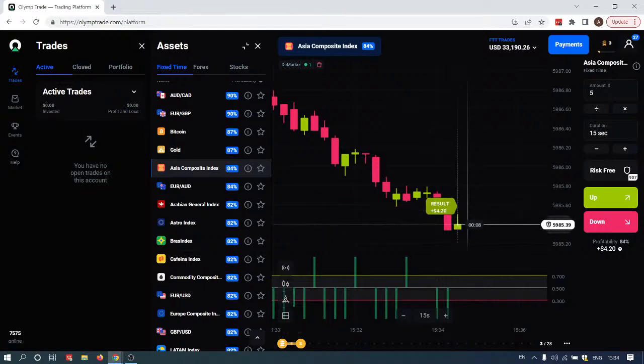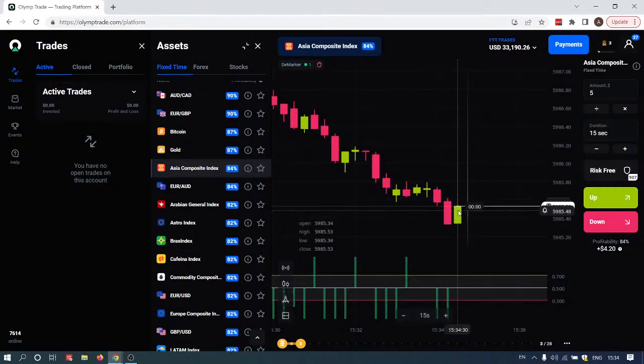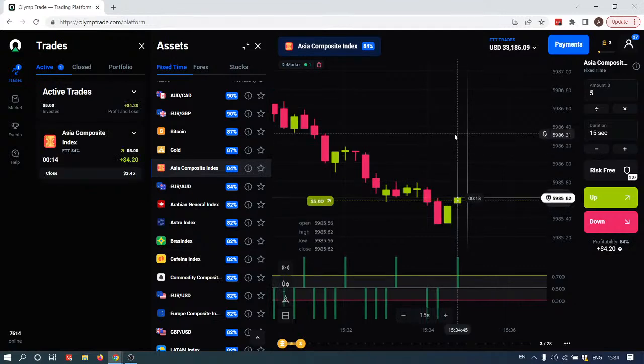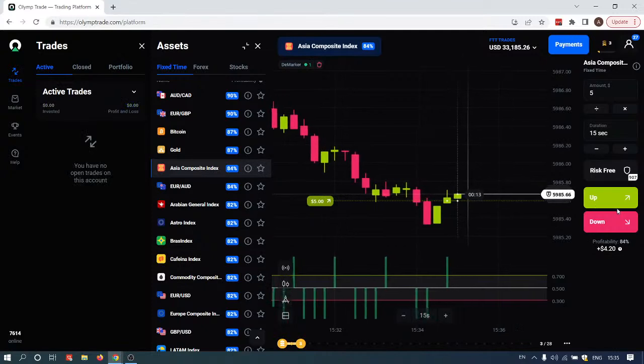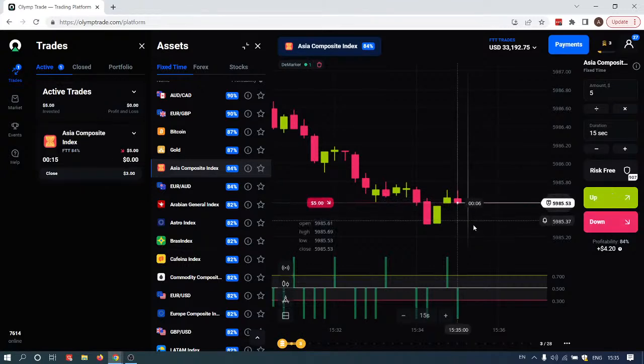Asia Composite Index, Europe Composite, are these indices OLYMP trade platform specific? Yes, I would say yeah. So these indices are OLYMP trade specific indices, just like basically Nasdaq and S&P 500. So a long time ago they were specific indices, and then they became world renowned indices. So yeah, you can pretty much create your own index.